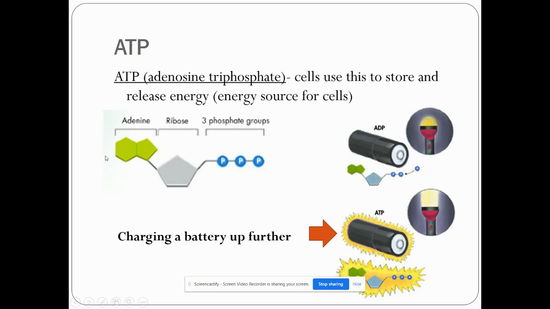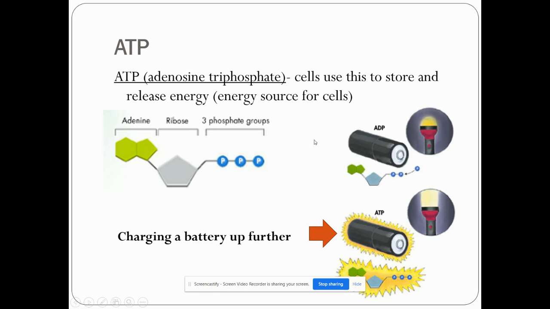We have adenine, which we'll also learn more about, and then 3 phosphate groups. This is where the full name for ATP comes from: adenosine, referring to this part, triphosphate. It means we have 3 phosphate groups. The key element there is phosphorus.